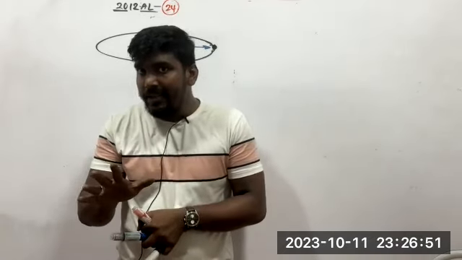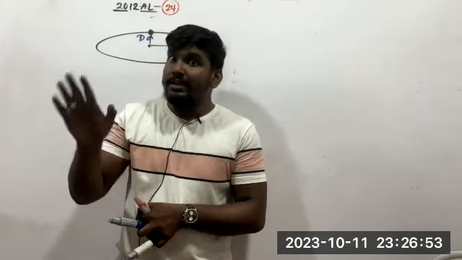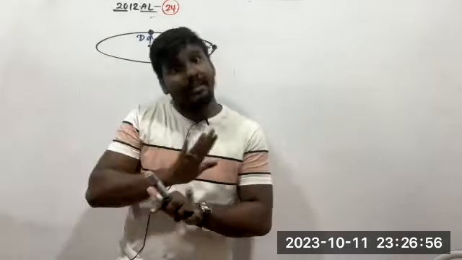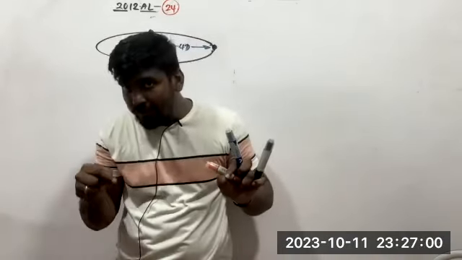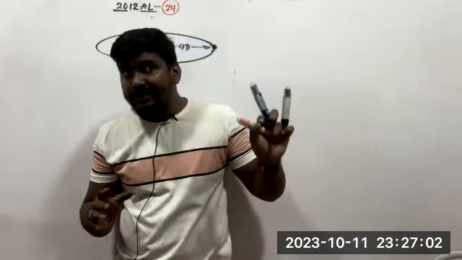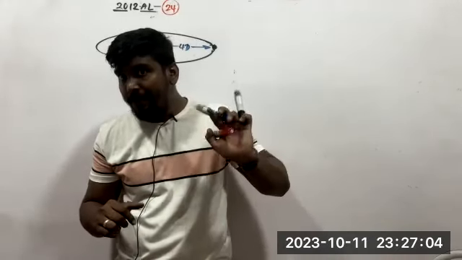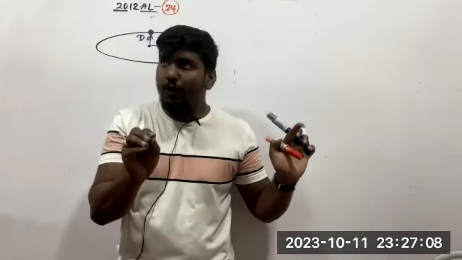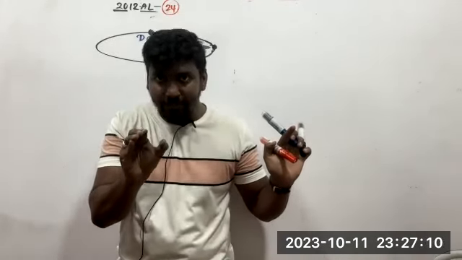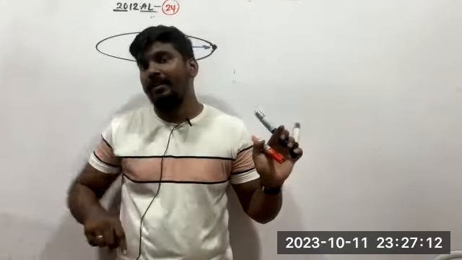But understand, for any rotating object, conservation of angular momentum can be applied, whether the object moves in circular or elliptical motion. I told you there are two equations to find angular momentum.